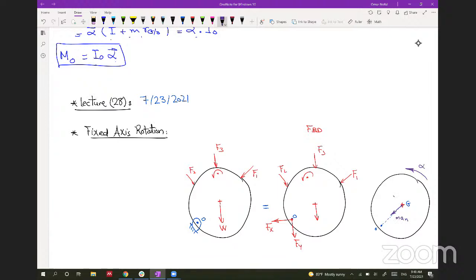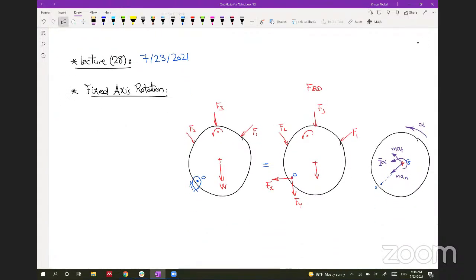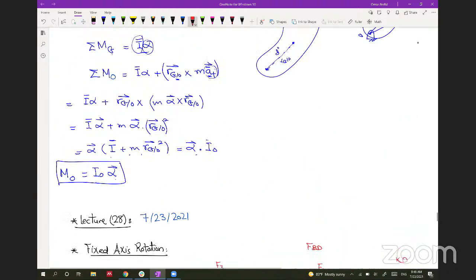Here I will have M A tangent, and the last thing, which is the alpha: I bar alpha. Okay, so this is how to map the acceleration on this body and how to draw the free body diagram and kinetic diagram. And actually, we did this last time on a general body.